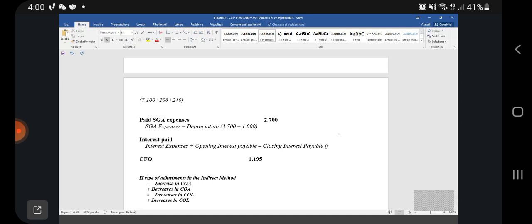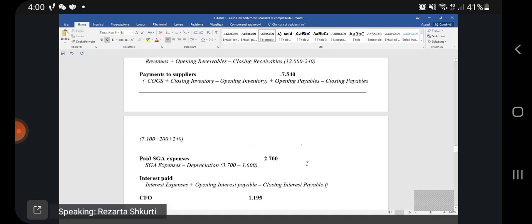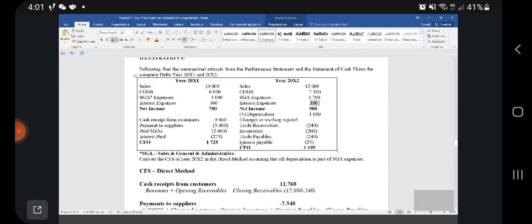Okay? And then interest paid, again we have to follow the general rule that we mentioned. The interest expense is 300 over here, but remember, the interest payable over here has been decreased. When does that happen? When do we decrease or reduce the liability? Whenever we pay more. That means that except for the interest expenditure of the year, 300, I've also paid 25 to reduce the balance of the accumulated liabilities.